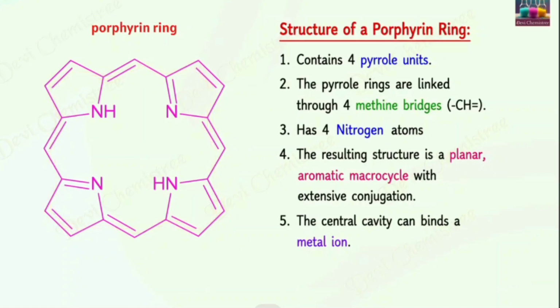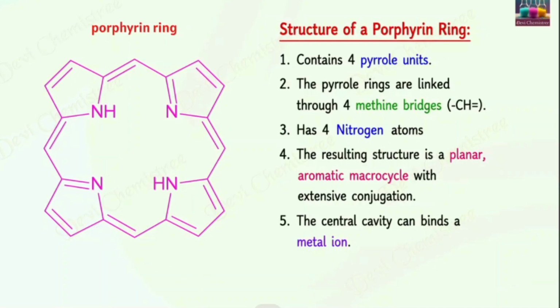So only these 18 electrons, 2, 4, 6, 8, 10, 12, 14, 16, 18, are taken into consideration. And therefore it follows the 4n plus 2 rule, and it shows aromatic character.